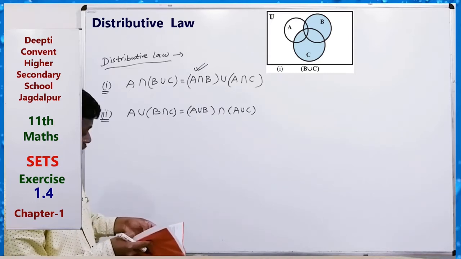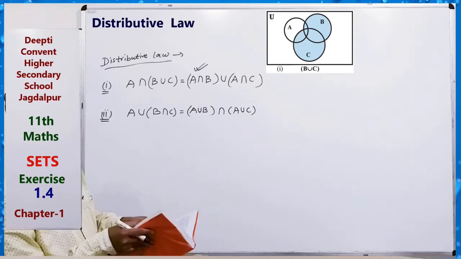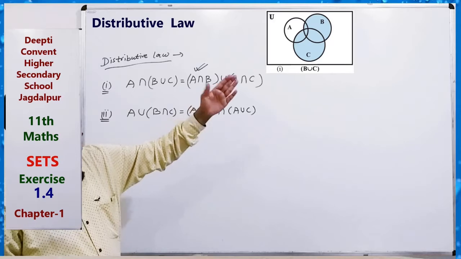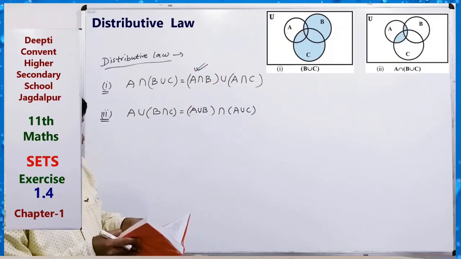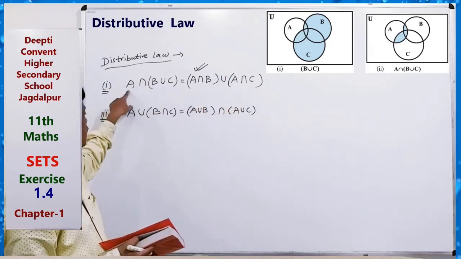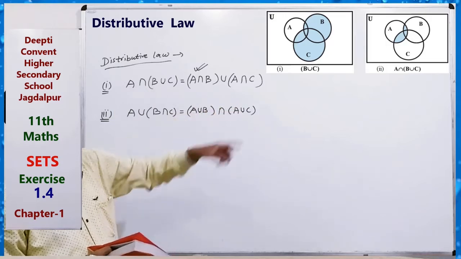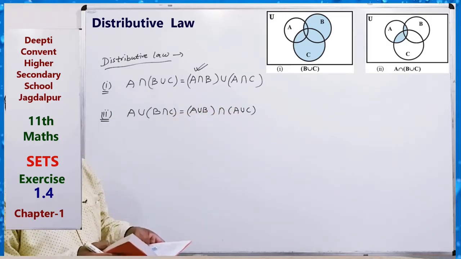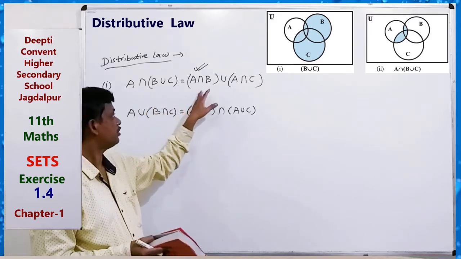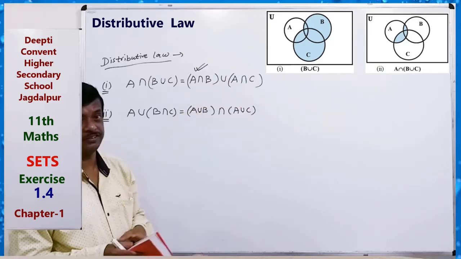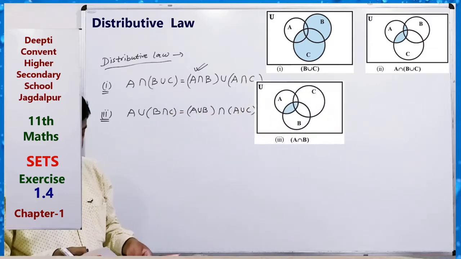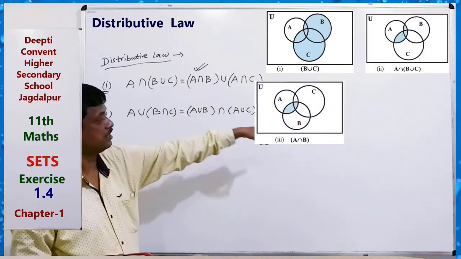In the second diagram you can see the shaded portion when the B union C portion is taken in intersection with A. Now here A intersection B, A intersection C. In the third diagram A intersection B is shaded, and in the fourth diagram A intersection C is shaded.